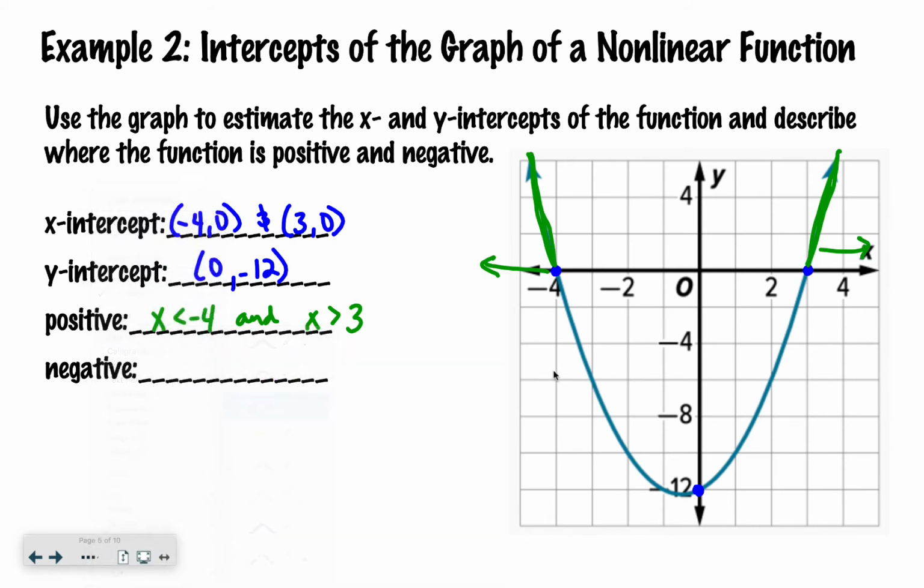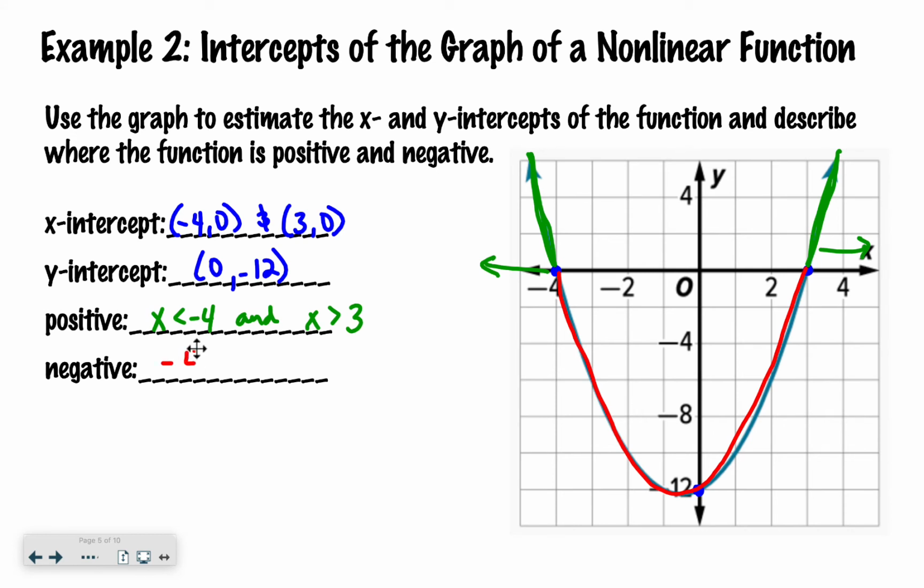Then let's check out the negative situation. Negative is where it's below the x-axis, which is the U portion of it. And if we look at that, we have the connected part, like this, the negative portion is one solid line.